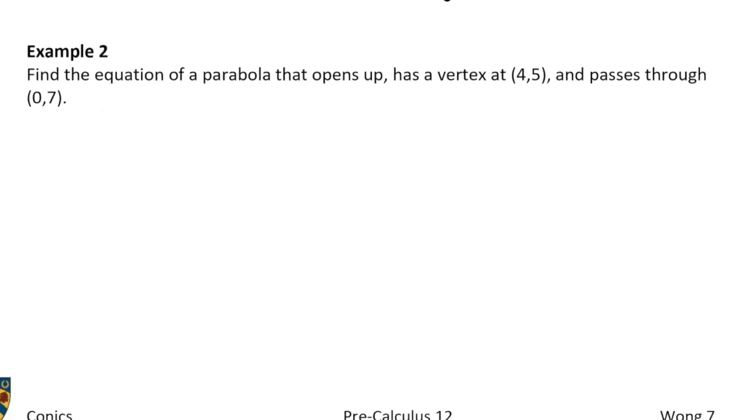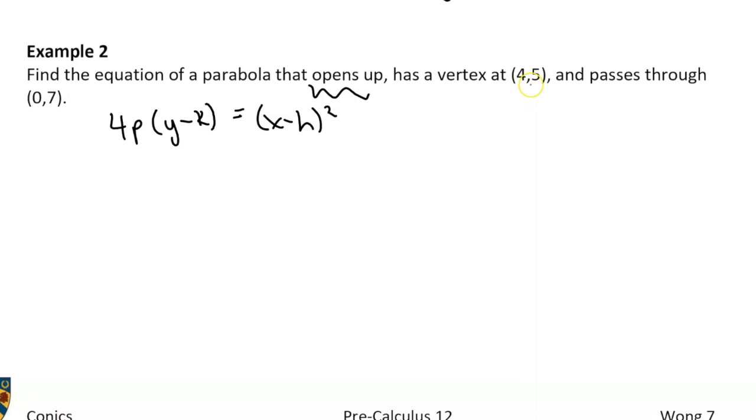So the next question is saying this: find the equation of a parabola that opens left and has a vertex of (4, 5) and passes through (0, 7). Okay, so if we know that we have a parabola that opens up, we know the form of what we're looking at. We want something in the form of 4p(y minus k) equals (x minus h) squared.